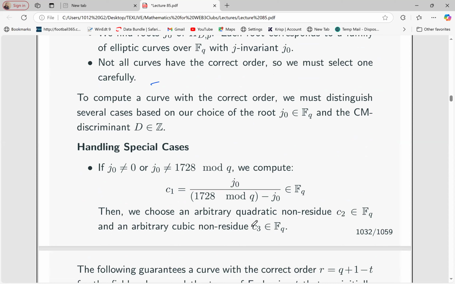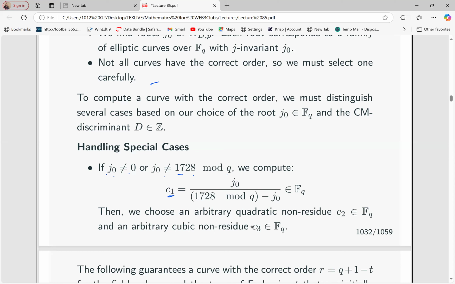After calculating the J invariant, check J naught. Our J invariant is what I'm calling J naught. If it's not equal to 0, or not equal to 1728 mod Q, then you compute C1 using this formula.